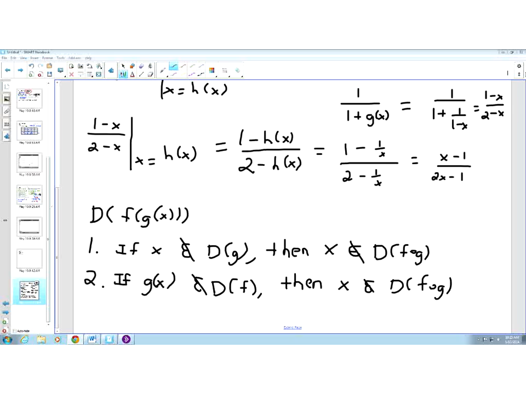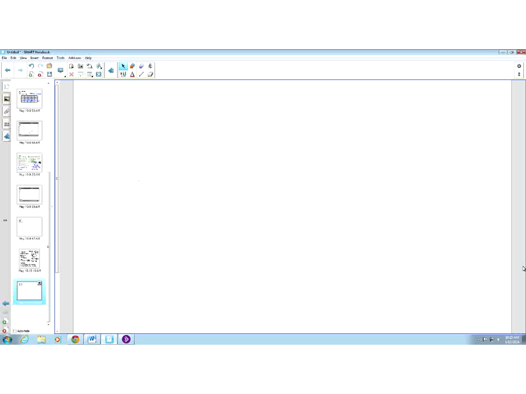All right, so let's do a couple of examples from my algebra notes. Let me go to another page. Let me copy something.